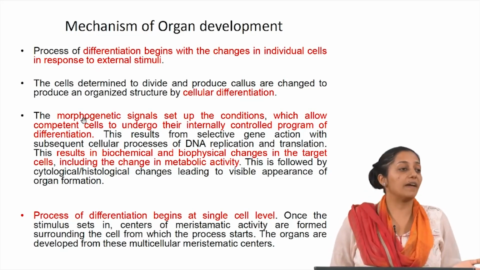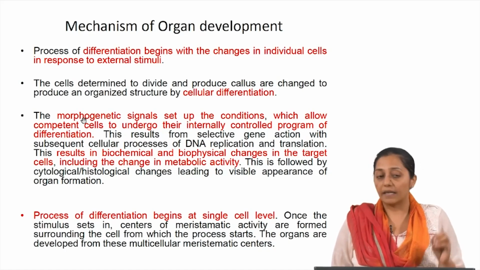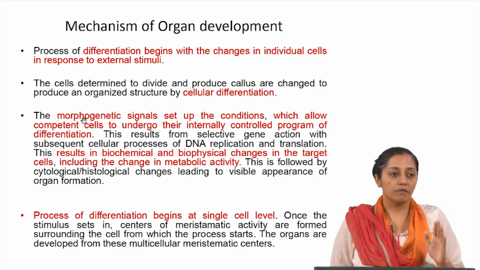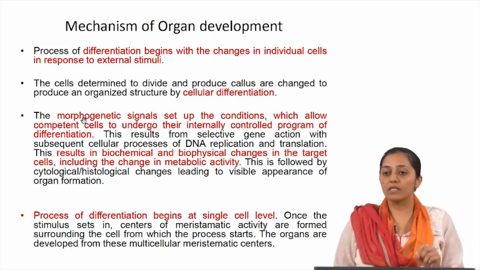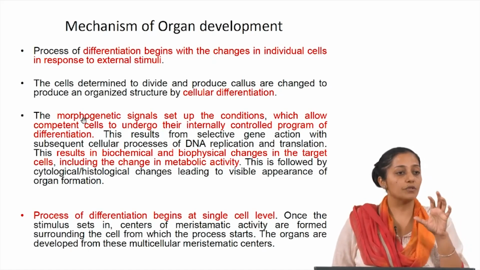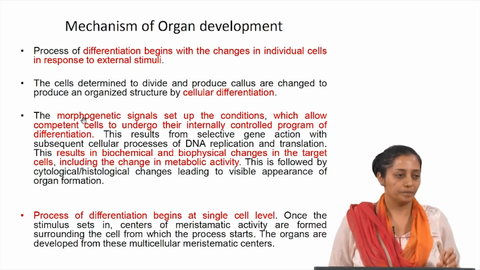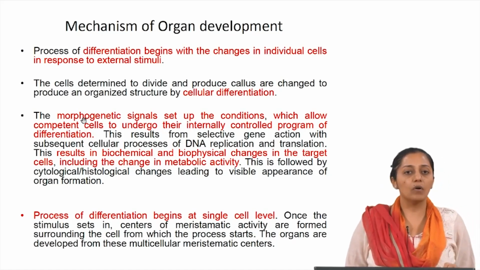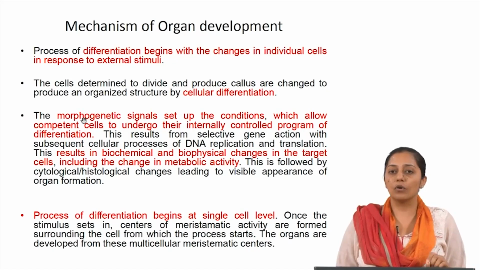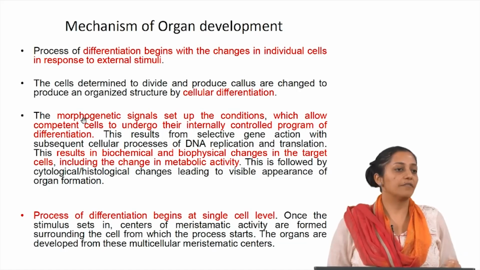So there are multiple factors responsible for successful regeneration, and even the genotype and the type of explant you have used play a crucial role. Why did I say this? Because there have to be cells which are competent enough to undergo this reprogramming. So morphogenetic signals set up the conditions which allow competent cells to undergo this internally controlled program of differentiation.